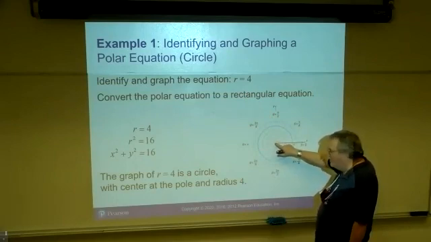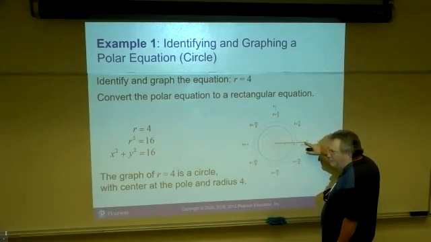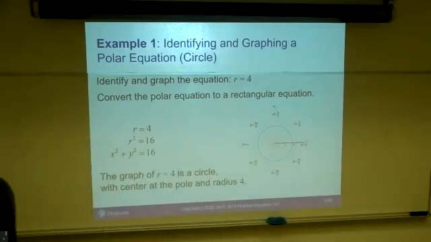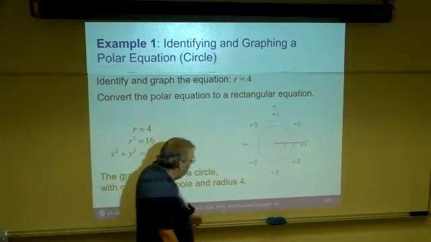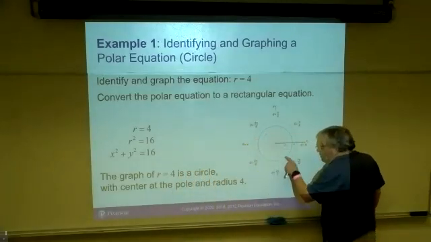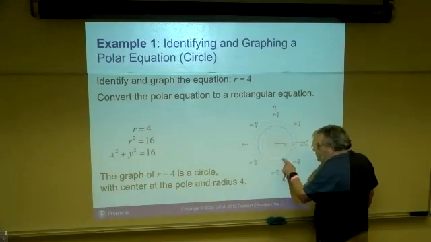And so if you have an angle, then it's off the polar axis. But there's no designation of what theta is, so theta is whatever angle. Just so long as the radius is 4, the angle is on this circle. It'll hit this circle.